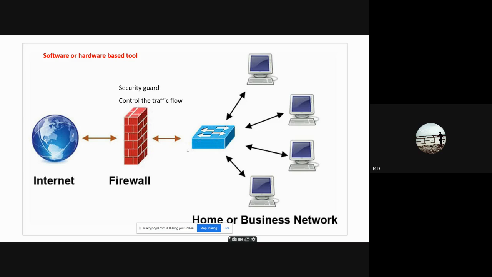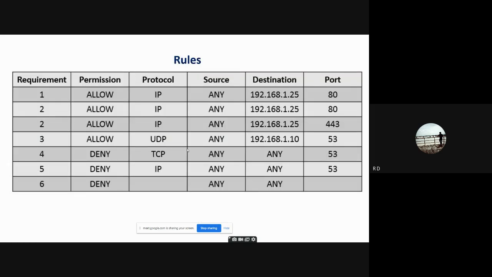We have to configure something called rules, because that's what a firewall works on. You have to tell the firewall what should be allowed and what should be denied. Unless you tell the firewall to block pornographic sites and allow only educational websites, the firewall will not do its work by itself.